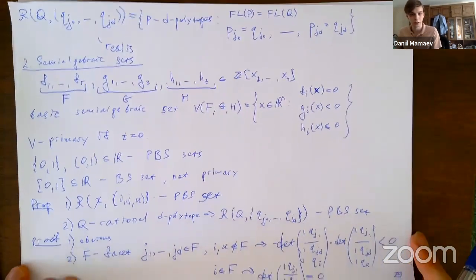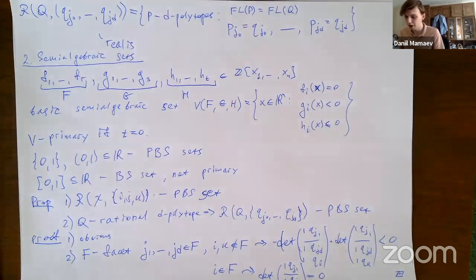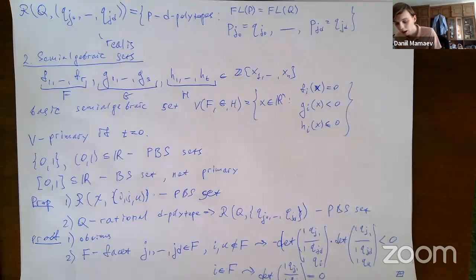Now we've defined semi-algebraic sets, which are just sets in Rn defined by polynomial equations and inequalities. And we've proved that the realization spaces of matroids and realization spaces of rational polytopes are indeed primary semi-algebraic sets.